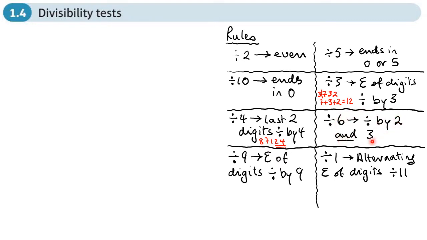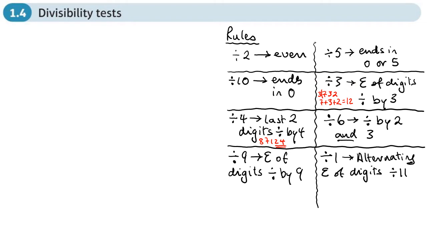To test if a number can be divided by 6, it needs to be a number which you can divide by 2 and by 3. So that means it needs to be an even number, but an even number which is divisible by 3. To test if a number is divisible by 9, then the sum of the digits needs to be divisible by 9. So it's similar to this one here. So let's do an example.